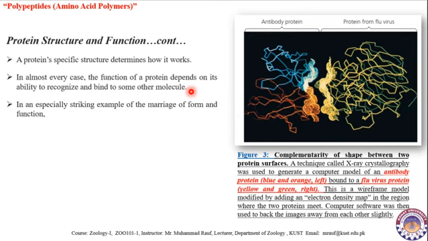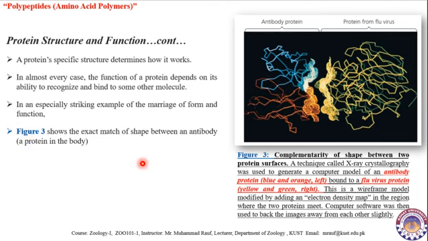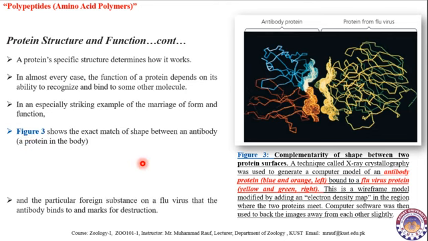When the active site is distorted, then this particular enzyme cannot bind correctly with the substrate and therefore cannot perform the function assigned to it. Now we have already discussed this figure.